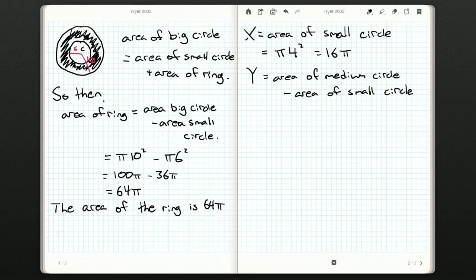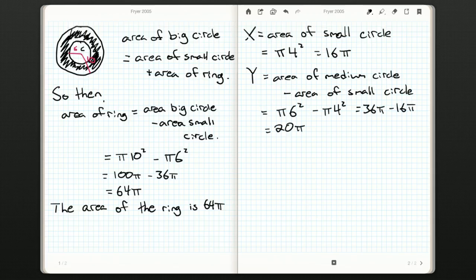Well, we already know what the area of the small circle is. That's 16 pi. But we can work it out again. So the area of the medium circle, that was radius of 6. So we got pi 6 squared minus pi 4 squared. Well, that's 36 pi minus 16 pi. That's going to be 20 pi. So Y is looking like it'll be the biggest area.